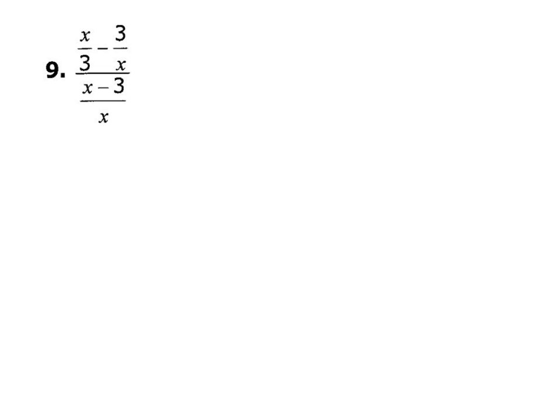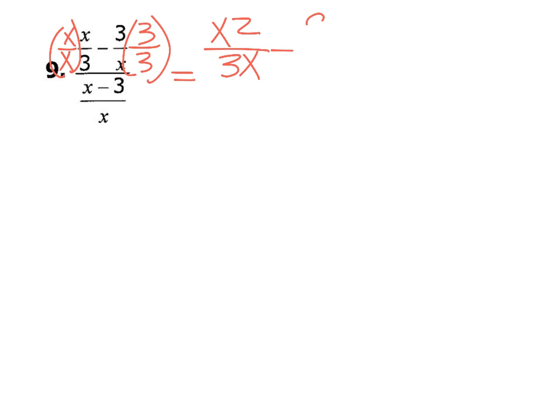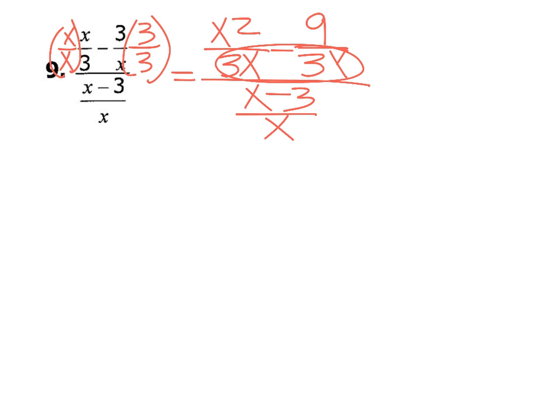The LCM here of 3 and x would be 3x. So multiply the top and the bottom here by x, and multiply the top and the bottom here by 3. So you're left with x squared over 3x minus 9 over 3x, all over x minus 3 over x. Now we've got common denominators, so combine the numerators together.